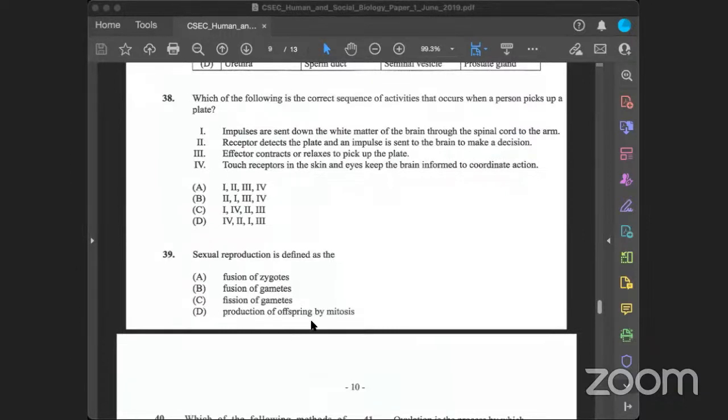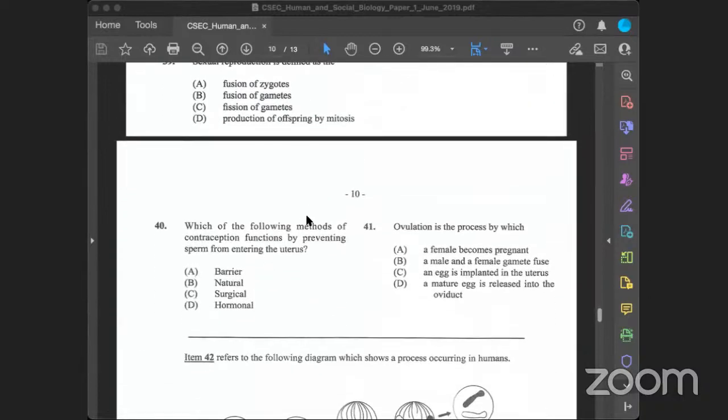D looks like a very good answer too. Y'all gone quiet. They say mitosis. That's not correct. It's meiosis. Remember? Meiosis will produce your gametes, and after which your gametes must fuse, right? Good. 40. Prevent the sperm from entering the uterus.